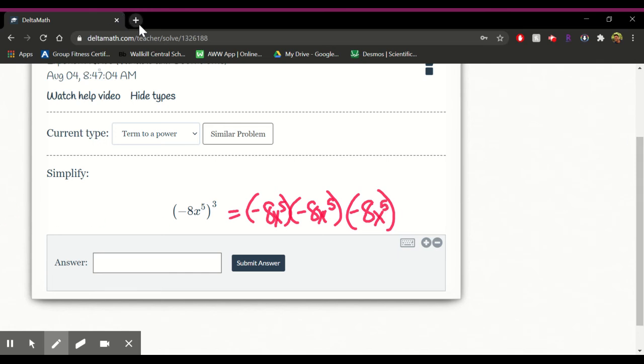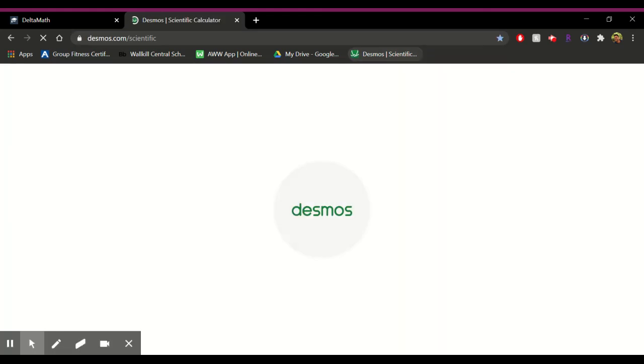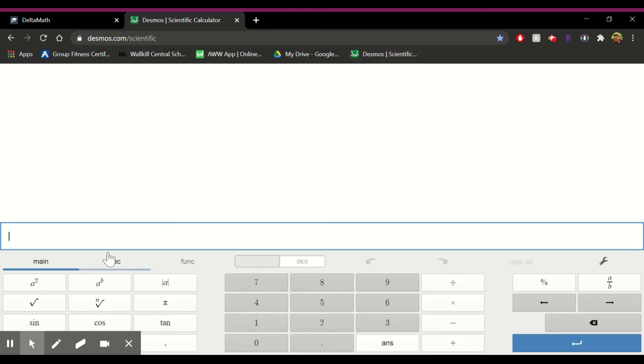Now, if you don't know negative 8, negative 8, and negative 8, you can use your Desmos calculator. So negative 8 times negative 8 times negative 8 is negative 512.